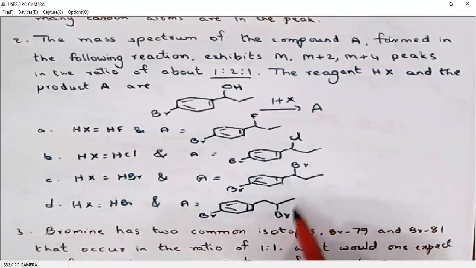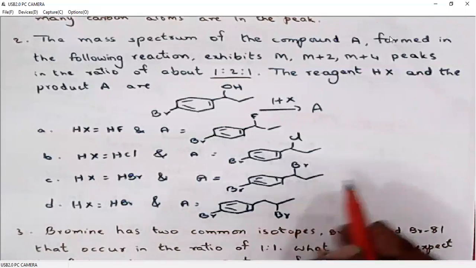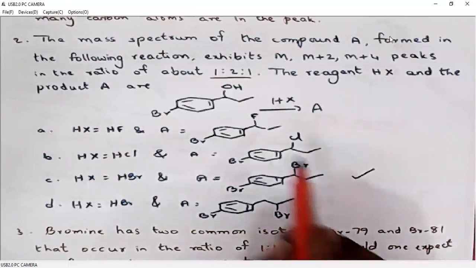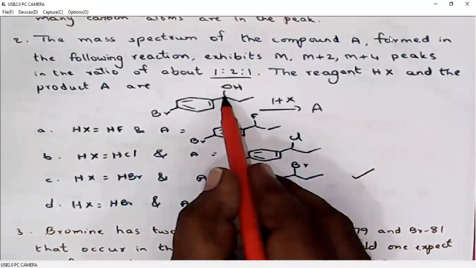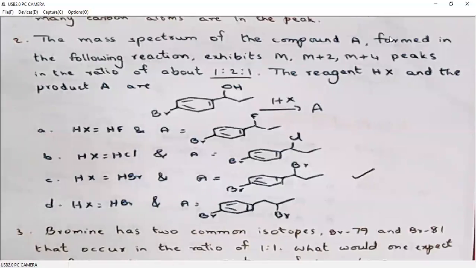Among the 2 products, it will be this one only, because initially protonation takes place here. Dehydration leads to a benzyl carbocation. The benzyl carbocation is more stable, then Br minus will approach this benzyl carbocation. So it is the product. From the ratio of M, M plus 2, M plus 4, M plus 6 data, we can identify the molecules.